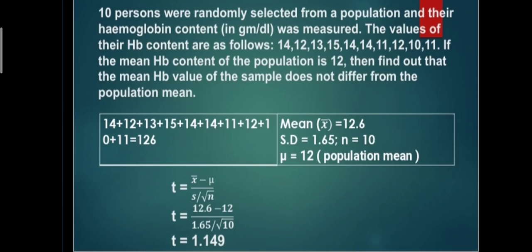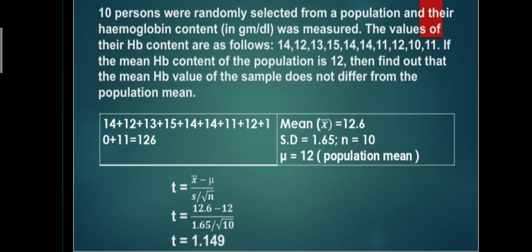Since 10 individuals have been analyzed, 126 divided by 10 will come to 12.6. So the mean, or x bar, comes to 12.6. This is the sample mean, indicated by x bar.